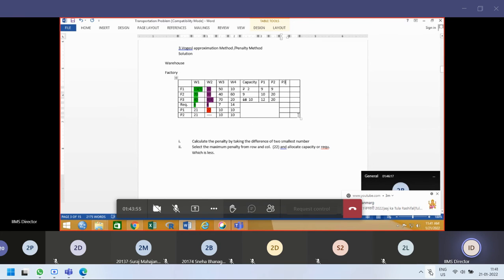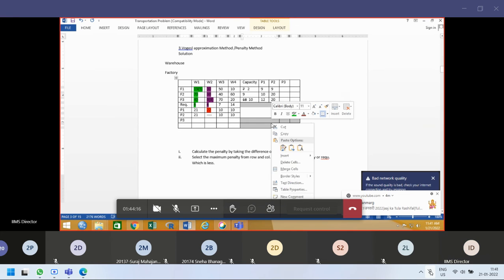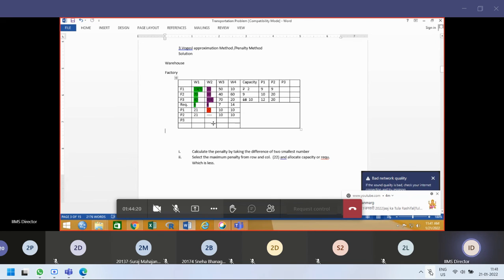Here, again, we have to work out P3. How many elements are remaining?